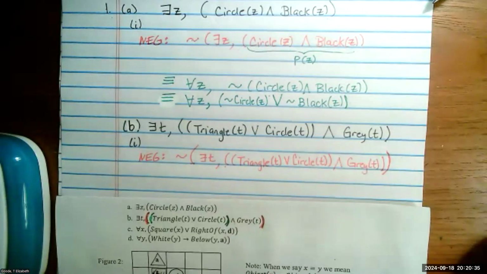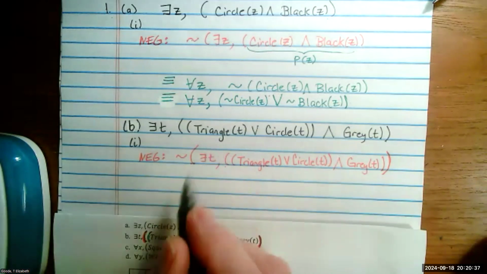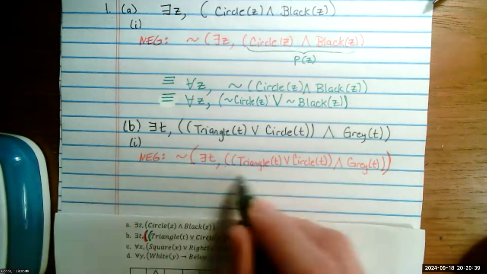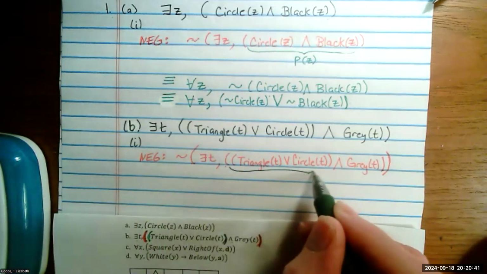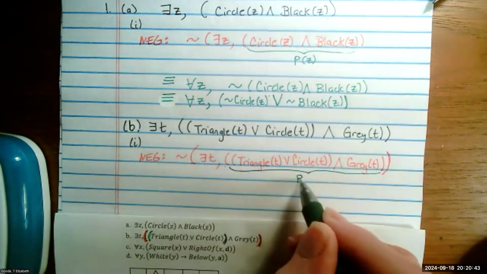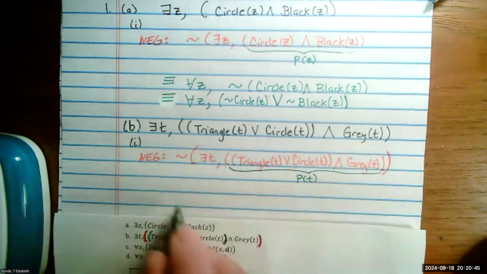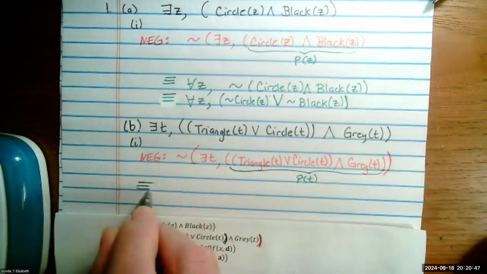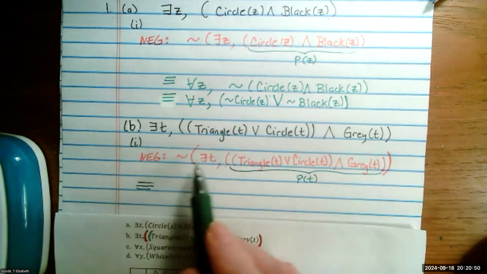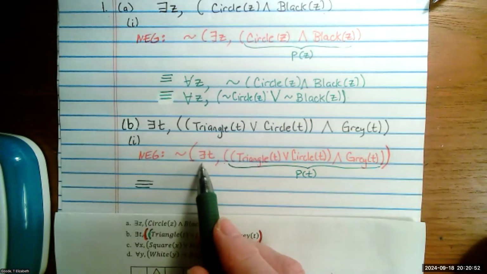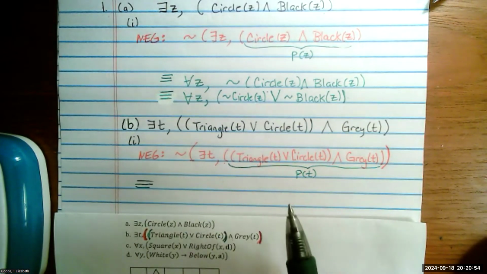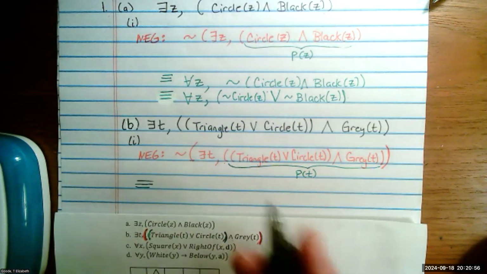All right, so now our job is to bring that negation through, because this whole thing now is our P of T. So when we bring the not through that there exists, what happens to it? It turned into a for all.